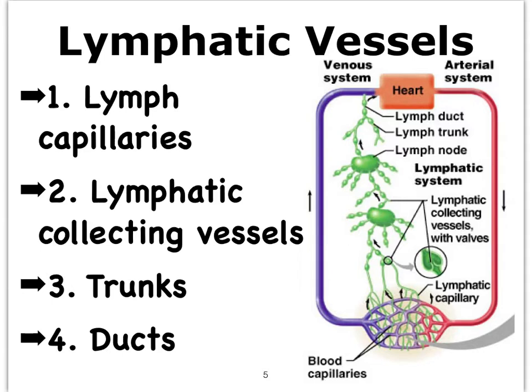From there, we form bigger and bigger vessels that we can call trunks, and then the trunks merge to collect the lymph in two lymph ducts, and we will see what they are called in the next slides.